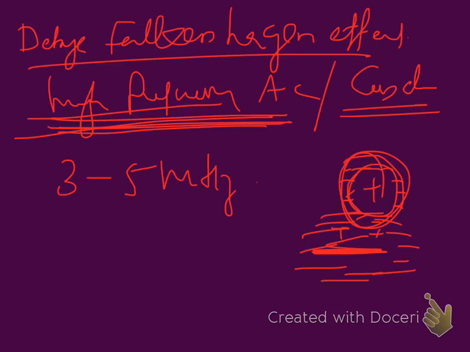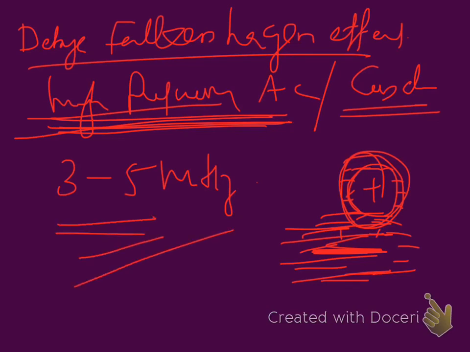So the ion can never be surrounded by oppositely charged ions to create the asymmetric effect or electrophoretic effect, and in the absence of electrophoretic and asymmetric effect, the solution exhibits very high conductance at high frequency AC. This is called the Debye Falkenhagen effect.